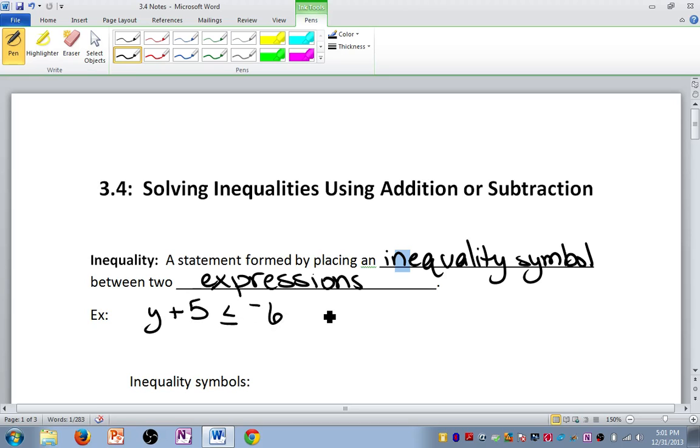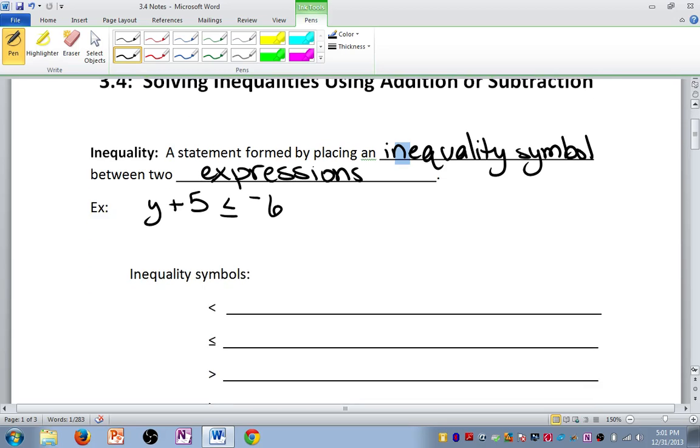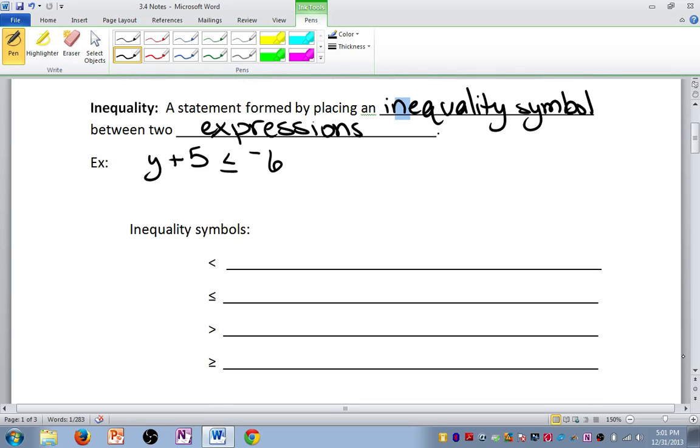As you can see, it looks just like an equation, except this would be read y plus 5 is less than or equal to a -6. The different inequality symbols are listed here, and what they mean. This one can be read as less than.